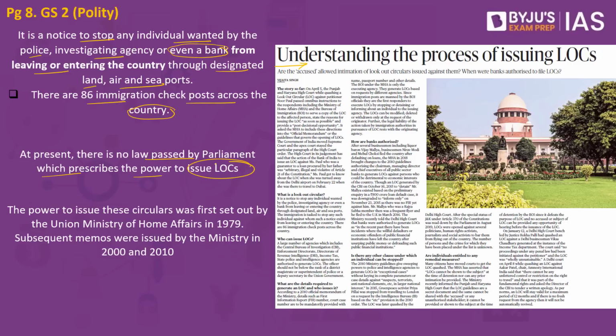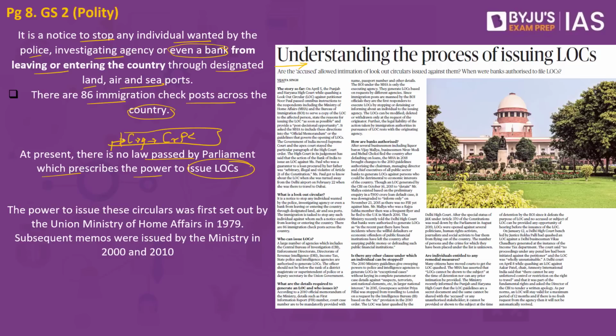Police officers can arrest a person who has committed a cognizable offense with the help of the CrPC, which gives them the powers to arrest. But when it comes to LOCs, we do not have statutory backing. Parliament hasn't passed any law as such, but this is at the discretion of the executive.